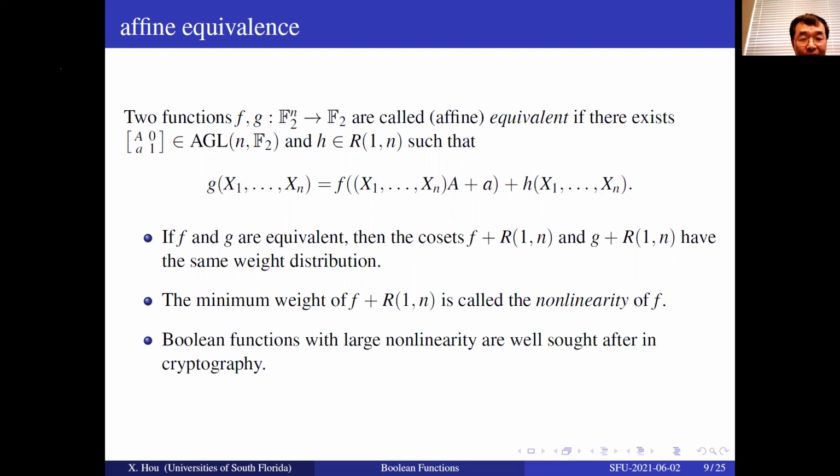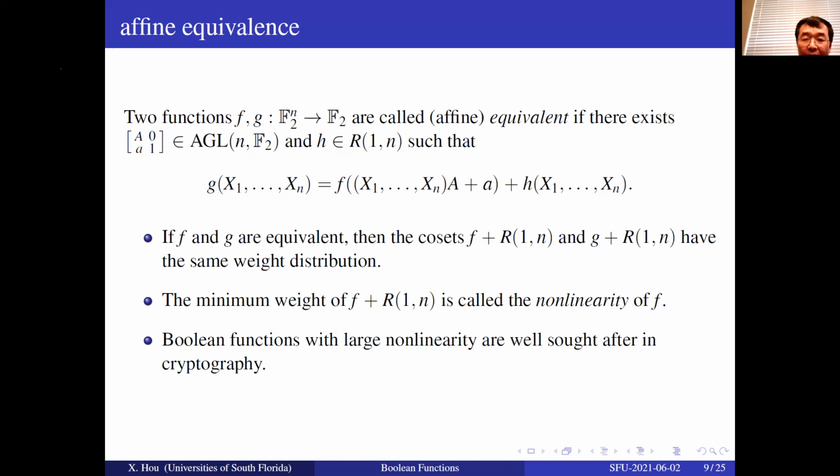Two functions from F2 to the n to F2 are called affine equivalent if there exists an element in the affine group and an element H in the first order Reed-Muller code, that is to say, H is a polynomial of degree at most 1, such that the function G is obtained by first performing the affine transformation to the variables inside F, and then adding a linear polynomial. So this is the meaning of affine equivalence.